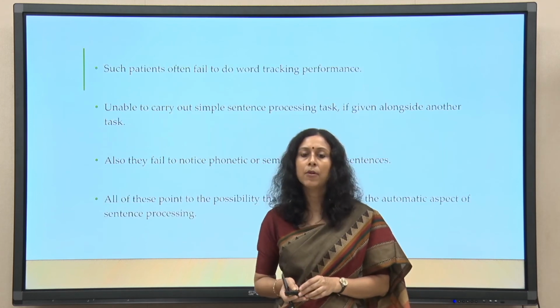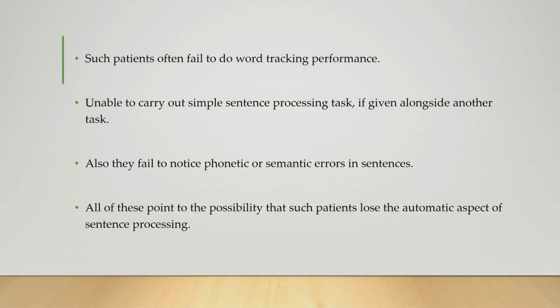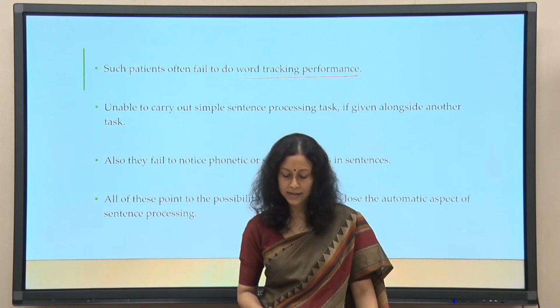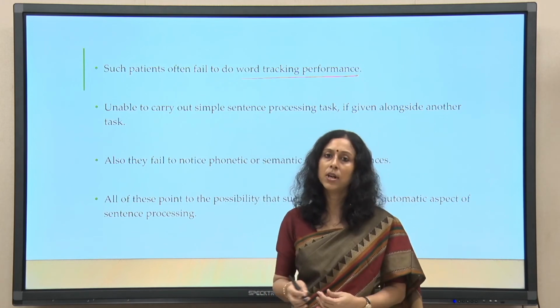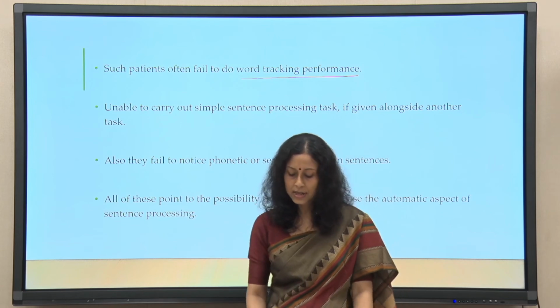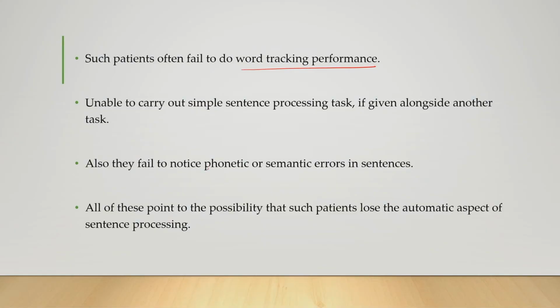And these people have also been found to have problems with word and sentence processing. Such patients often fail at word tracking performance in sentence processing. Even in simple sentence processing tasks, they find it very difficult if given alongside any other task. So, in a simple task word tracking is difficult, in a dual task it is again very difficult, and they even fail to notice phonetic and semantic errors in sentences.